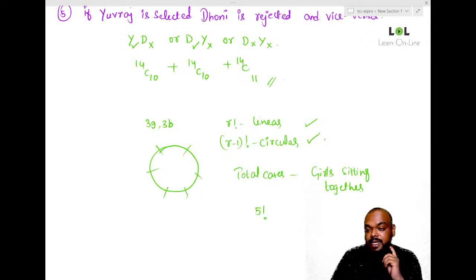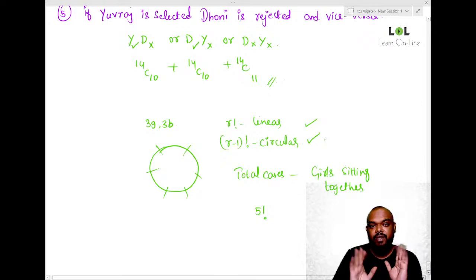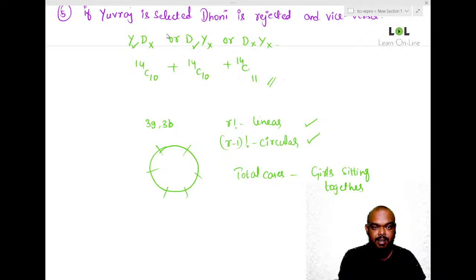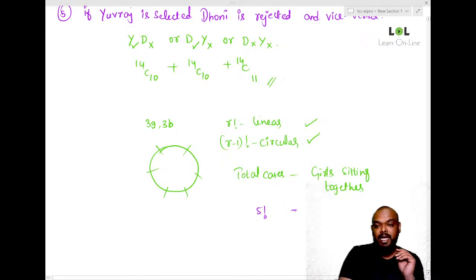Now the question is that all the girls should not sit together. Total cases are 5 factorial when there is no condition. How many ways can we arrange 3 boys and 3 girls around a circle? It means 5 factorial minus all girls sitting together.